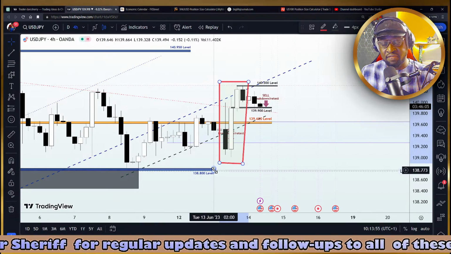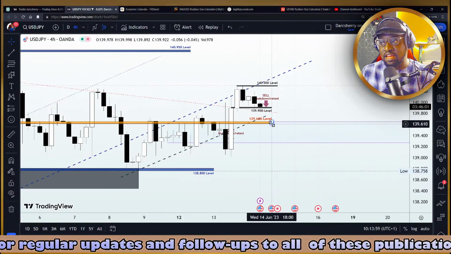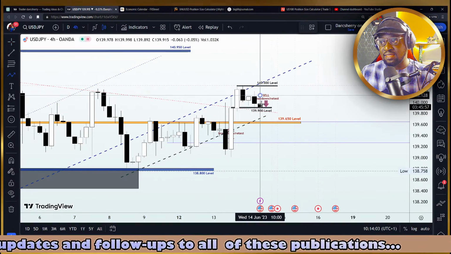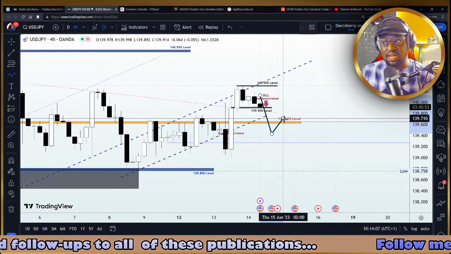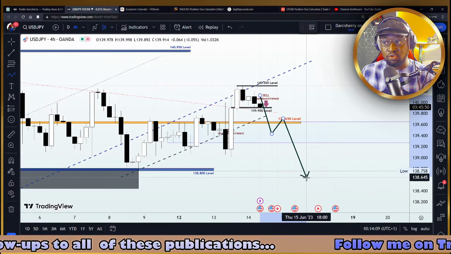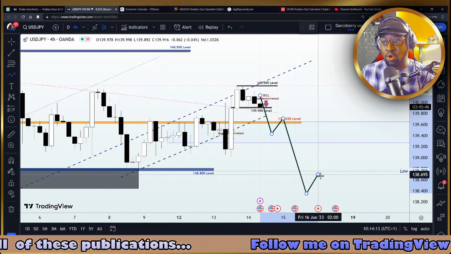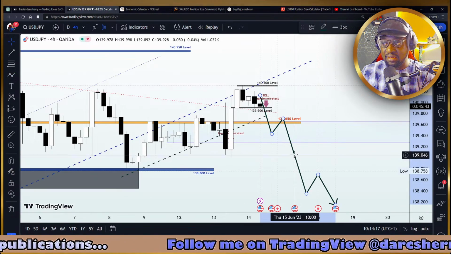So we want to be very, very careful at this particular point in time. Only if price action breaks down the key level at the 139.650 can we feel confident and comfortable in a sell position, while we also wait for a breakout retest of the 138.800 to add more sell positions to our existing trade.